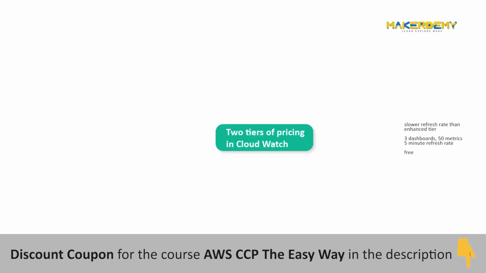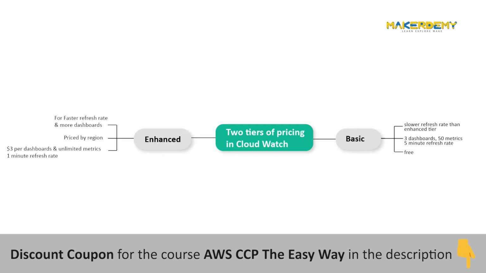There are two tiers of pricing in CloudWatch: Basic and Enhanced. With basic monitoring, the fastest refresh rate achievable is metrics every 5 minutes. If you need a faster refresh rate or more metrics or more dashboards, you will have to use the Enhanced Monitoring service.